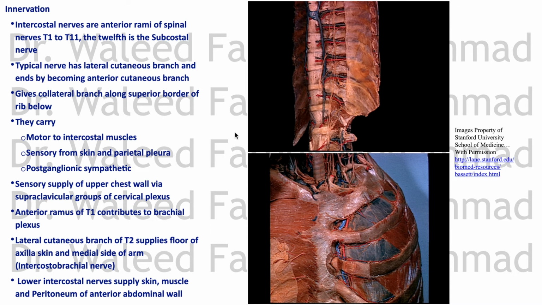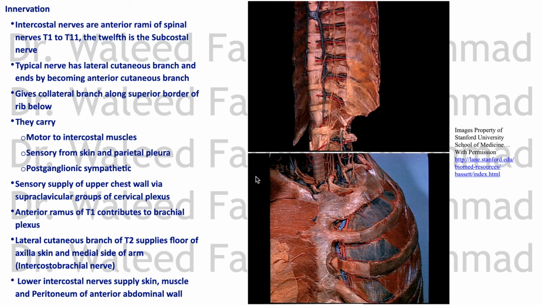Now, remember that the sensory supply of the upper chest wall is taken up by the supraclavicular nerves as well. Remember the medial, intermediate, and lateral groups of the supraclavicular nerves, 2, 3, 4. And when we talked about the fourth, the lateral encroaches on the shoulder, skin over the deltoid muscle; the medial and intermediate groups supply the upper chest wall.